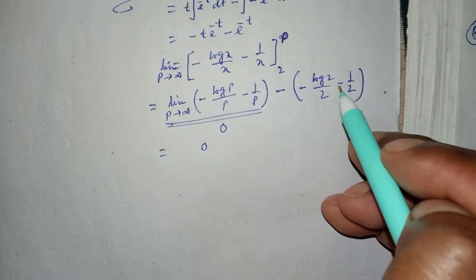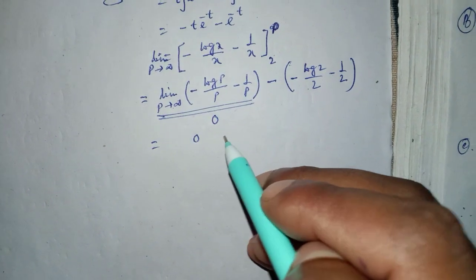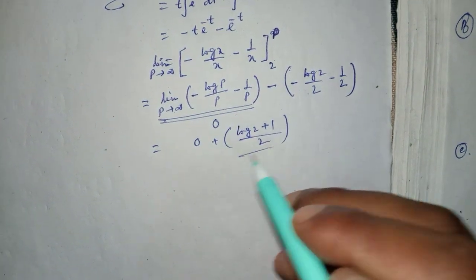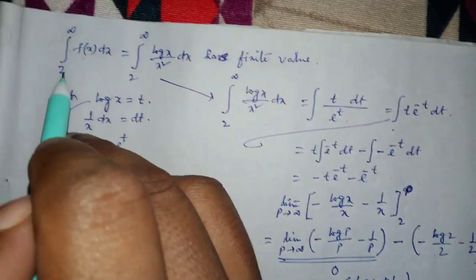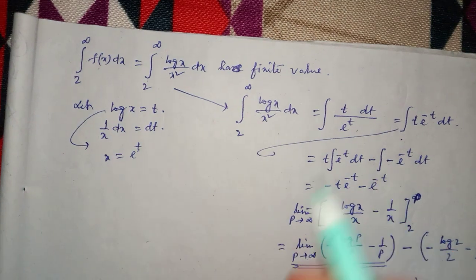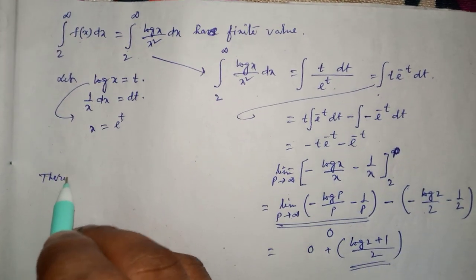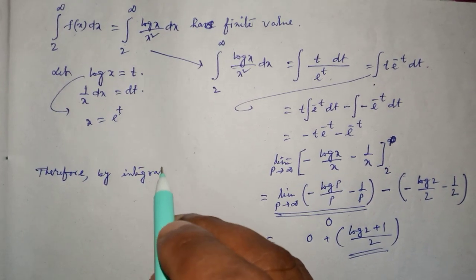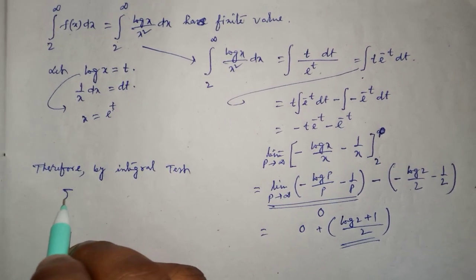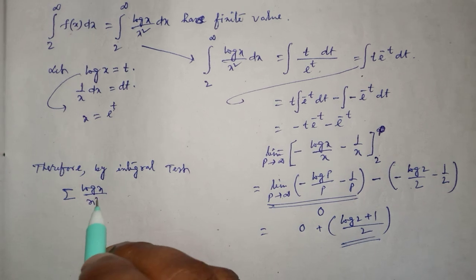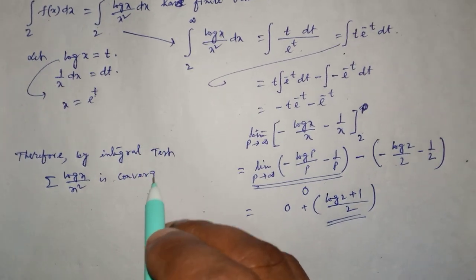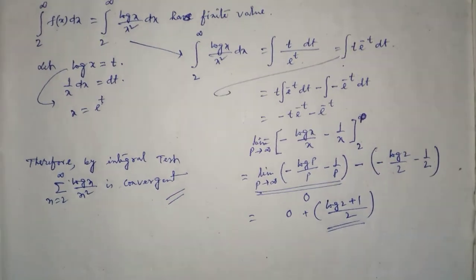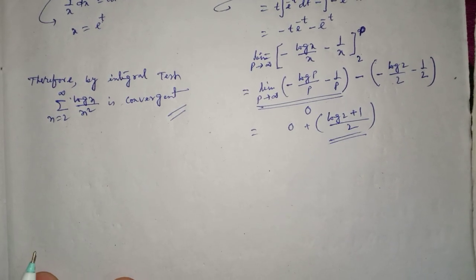If we take the common negative sign then we get log 2 plus 1 by 2, which is a finite value, so integration 2 to infinity f of x dx is convergent and therefore by integral test the series summation log n by n square is convergent. So option B is true.